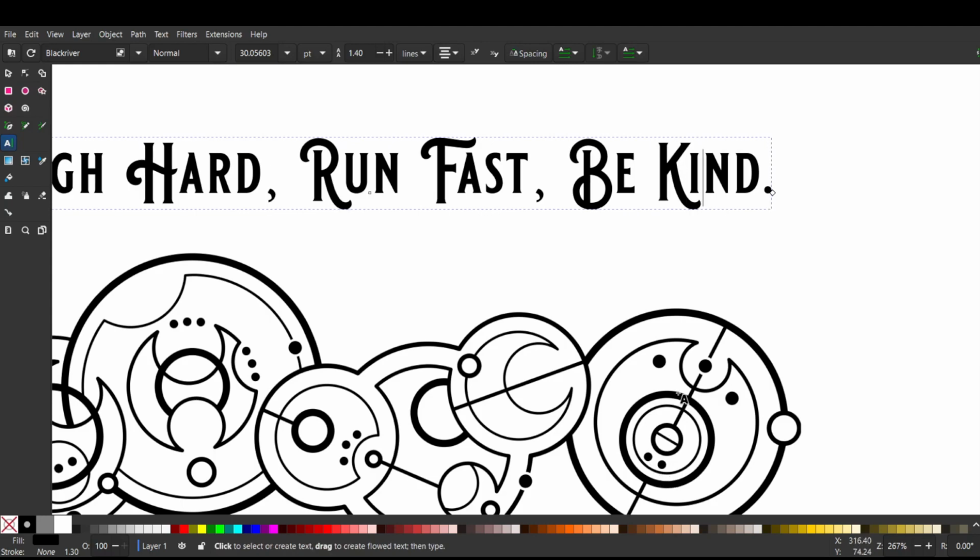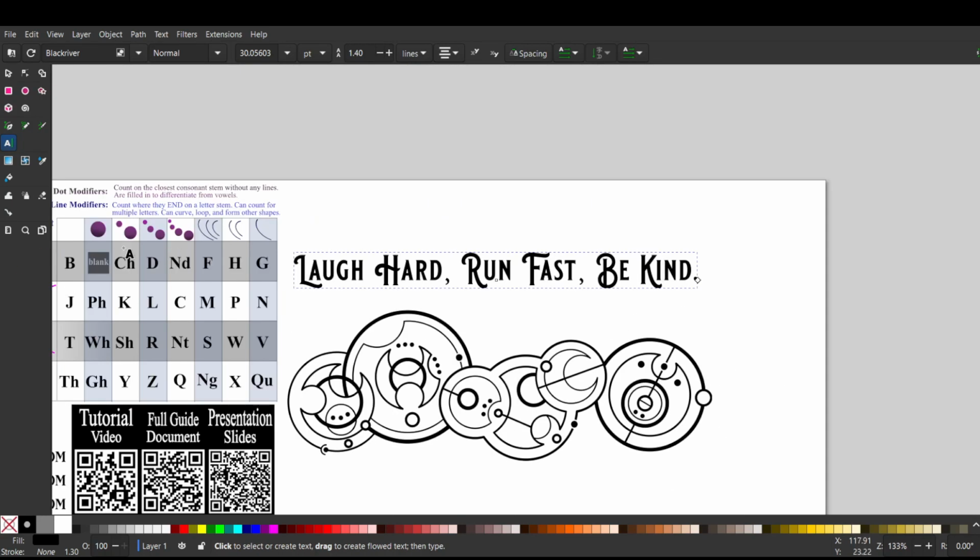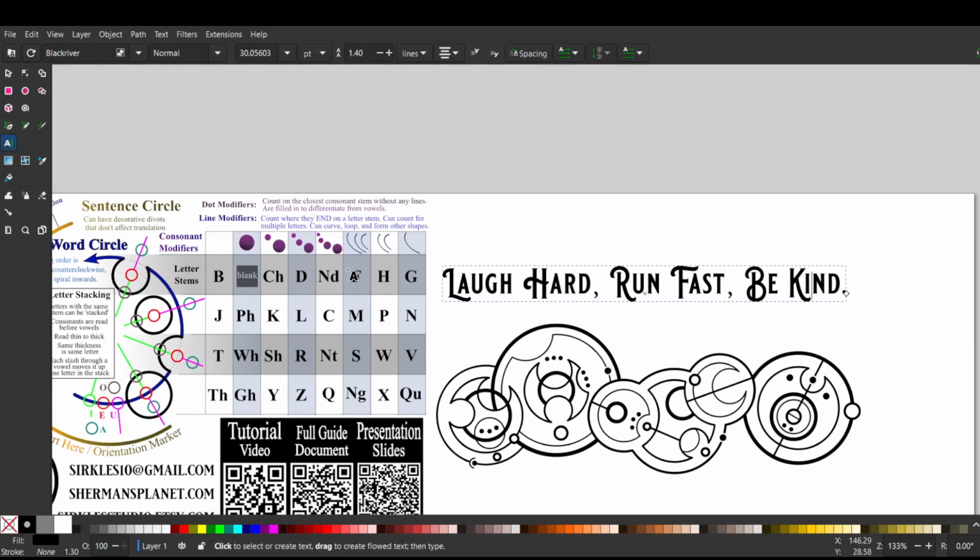So 2 dots makes that a K, and then 1 line on the thick one makes that an N. So thin to thick K comes before the N, comes before the I, except the I gets moved up 1 place, so K-I-N. And then last but not least, we have this deep divot with 1, 2, 3 dots, making that a D, just like this D here.